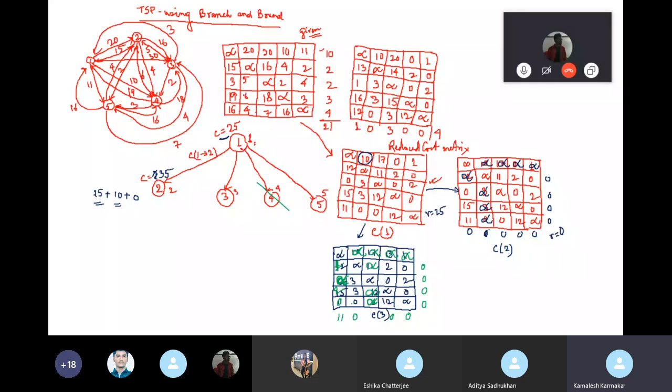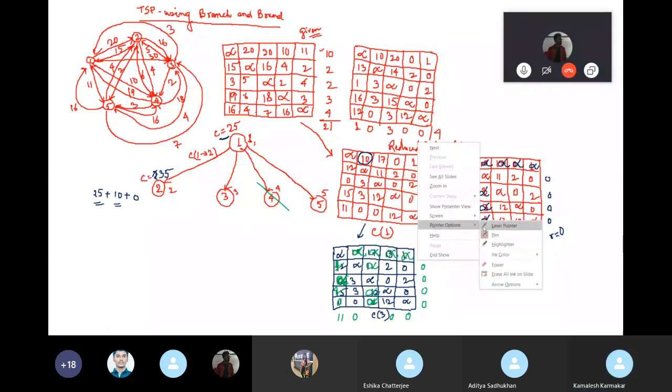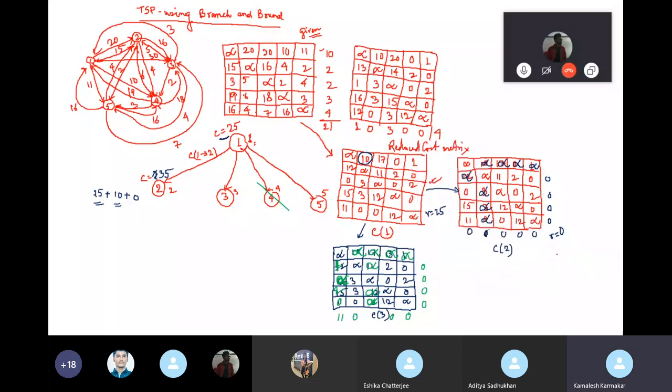So after this reduction, the values of this column are 1, 4, and 0. So after this updation, the value of this cell is 1. This value, instead of 15, is now 4, and this value is updated to 0.